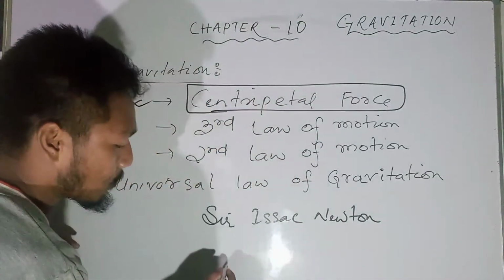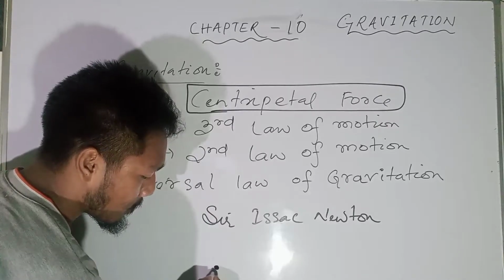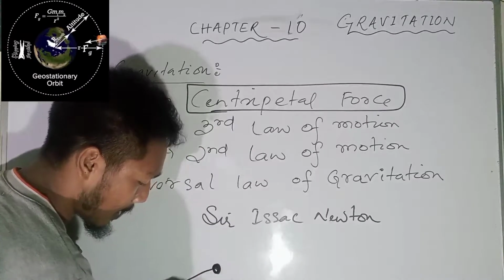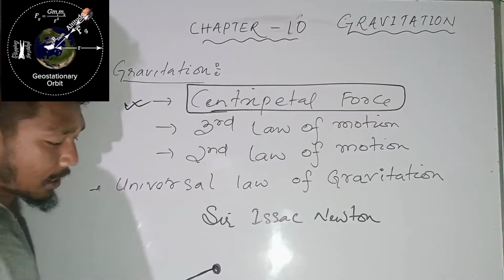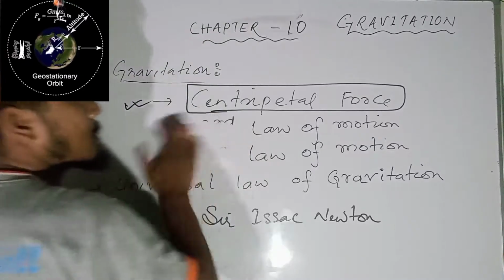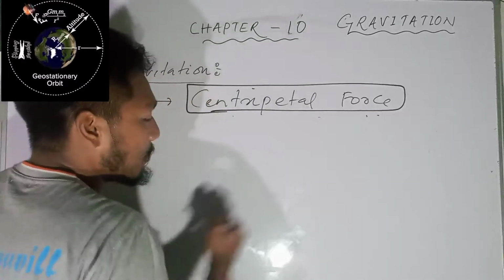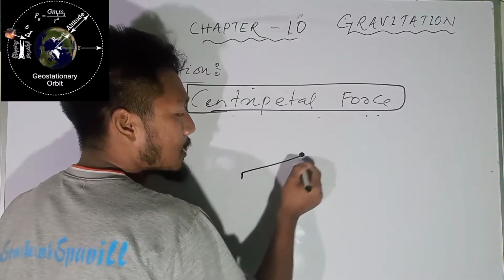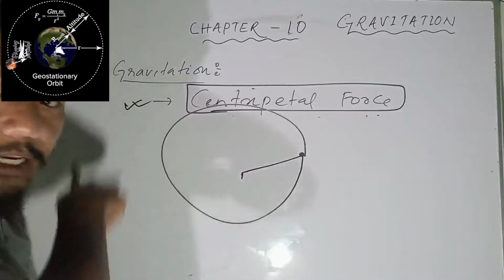Let's try to understand this. If I bind the stone with a rope and I'm standing here, and I let it rotate in this direction, it will keep on rotating.